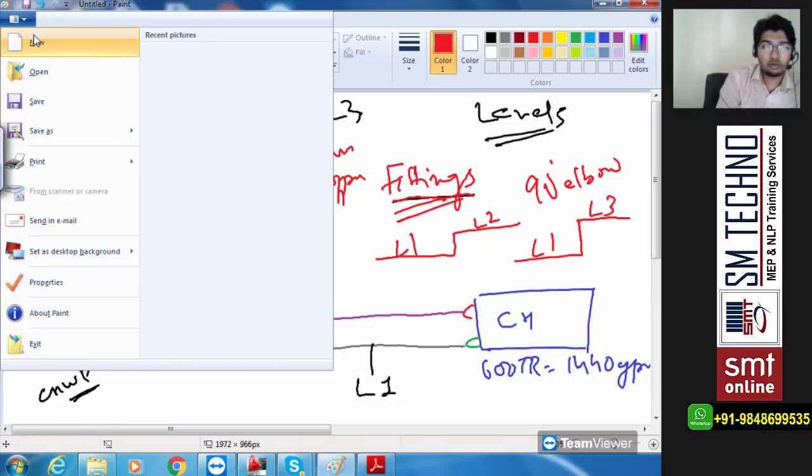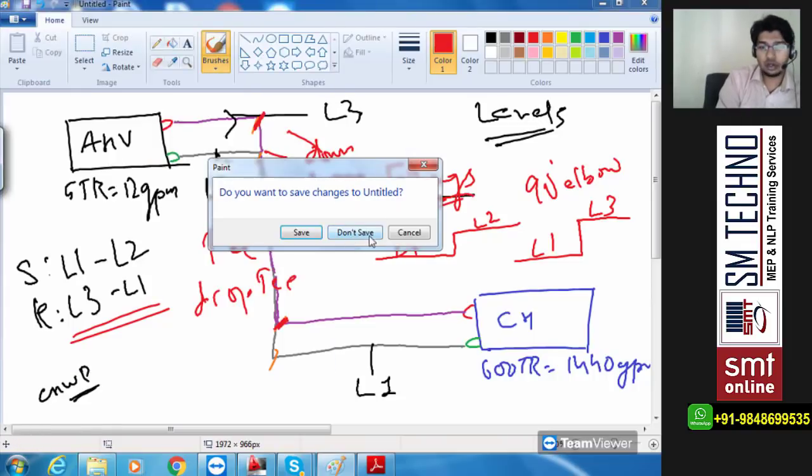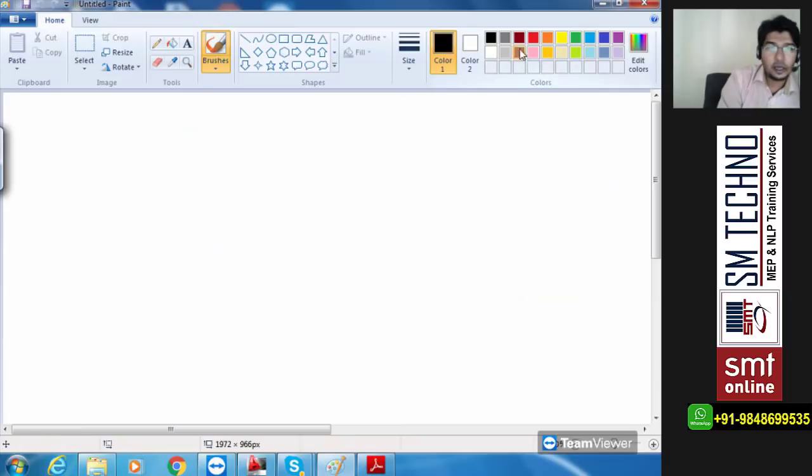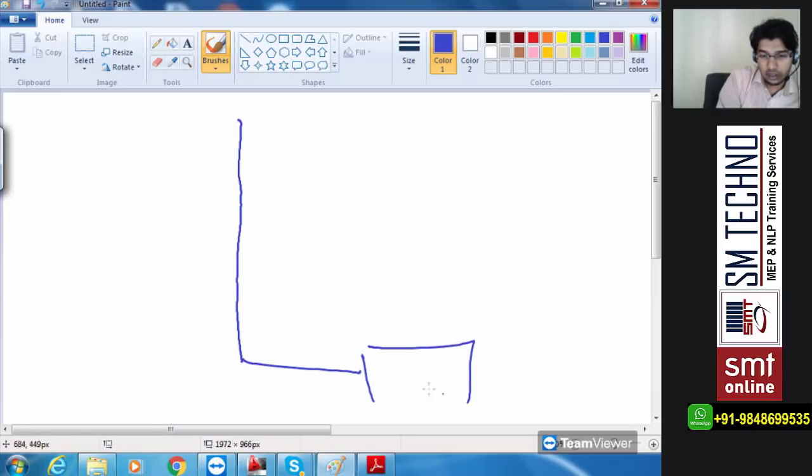Okay, now I'm going to give a small test to check if you have understood the complete setup. I have created one complete riser connected to the chiller. Consider this as 500 TR. You're going to calculate that in terms of GPM.